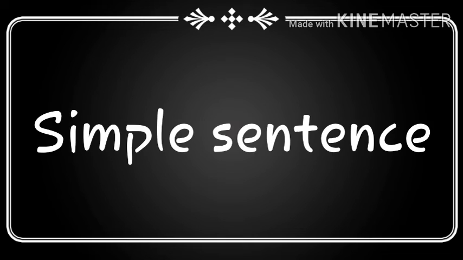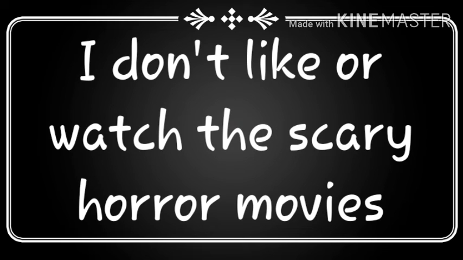We have to change this into a simple sentence. For simple sentence, what do we do? Look at the noun. It has an adjective with it. Another adjective is there in the next sentence. Verb also, don't watch is there, and I don't like. So what shall we do? I don't like or watch. We can club it together, join it together.